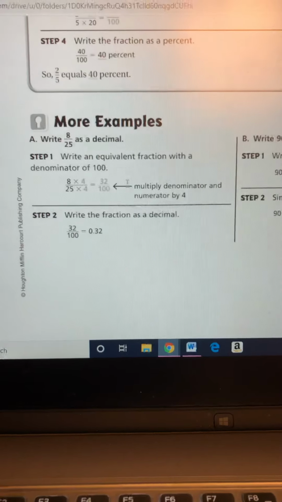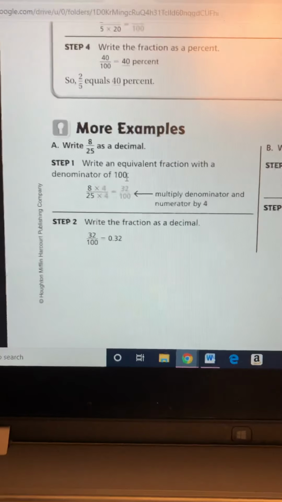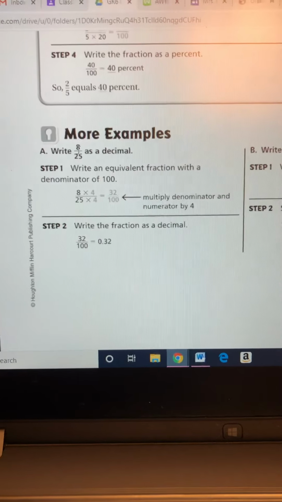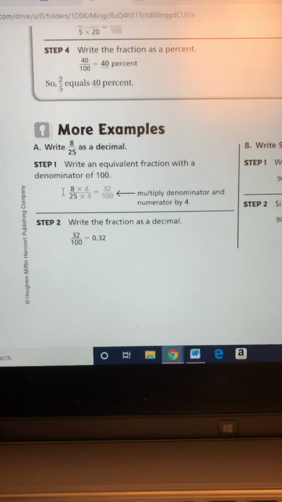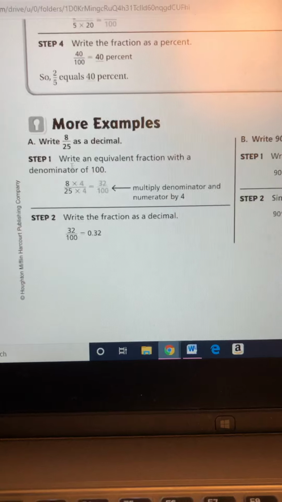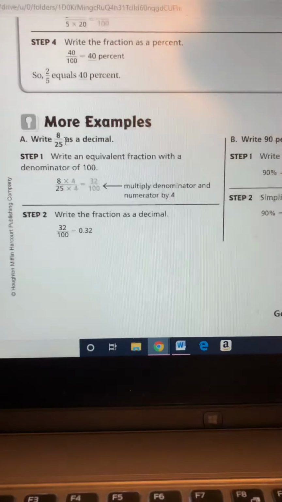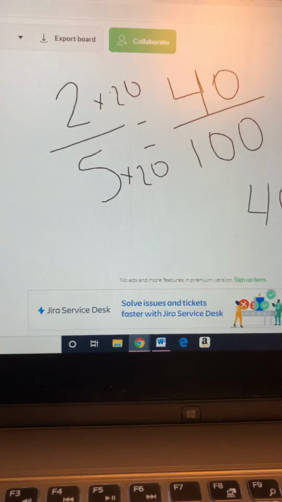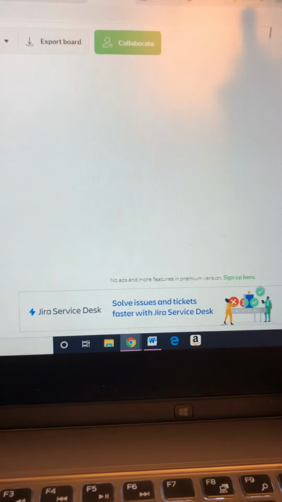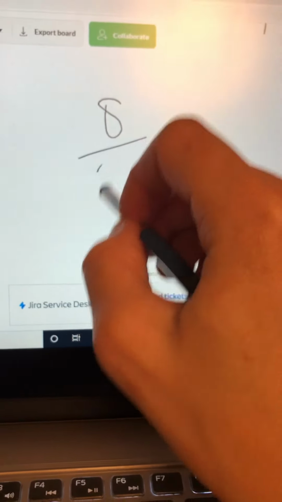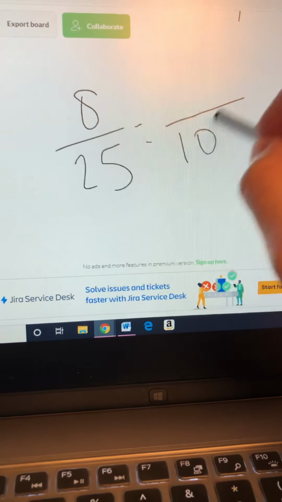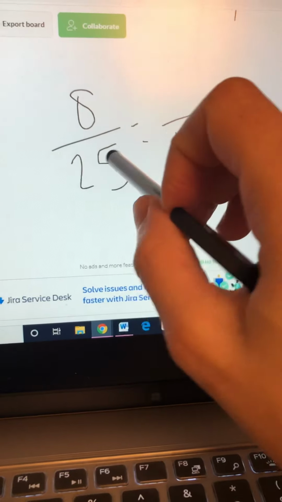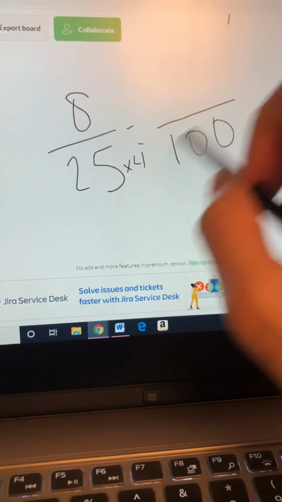Okay, now they also want you to write a fraction as a decimal. The easiest way to do it is the way they're showing you here. Take the fraction 8/25. You're going to continue to make it equal to 100. So 25 times 4 would be 100.